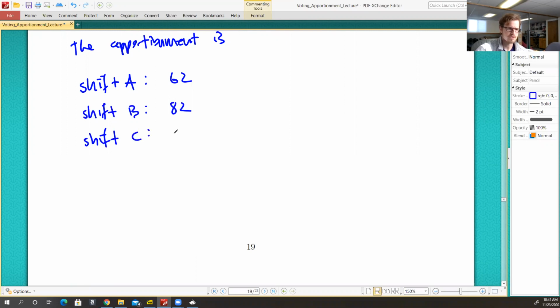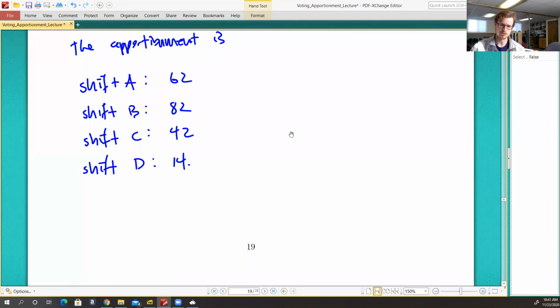Shift C receives 42 nurses. And Shift D receives 14 nurses. And this works out, that's the 200 nurses we needed to distribute. So that is Webster's method.